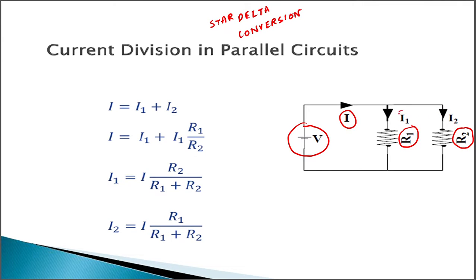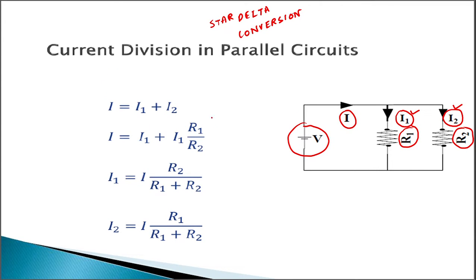Now, what will be the magnitude of these two currents? To find that out, we need to first implement the current division, that is the supply current I getting subdivided into I1 and I2.